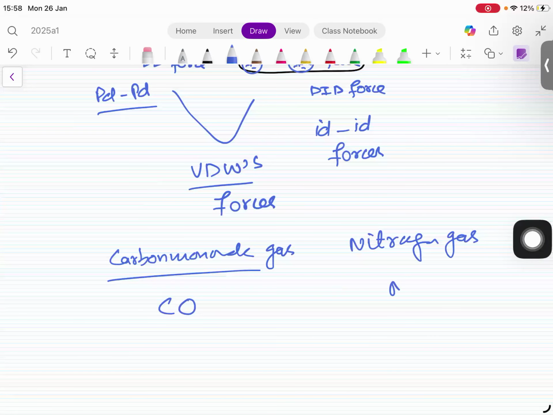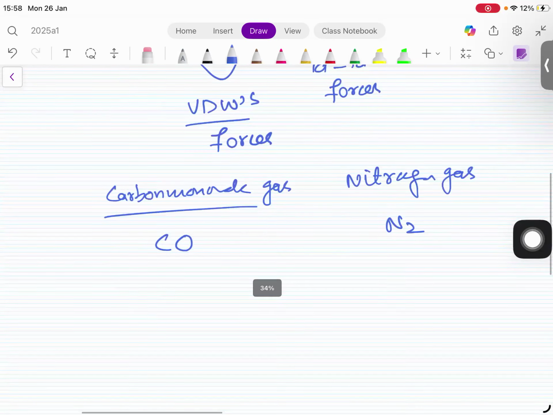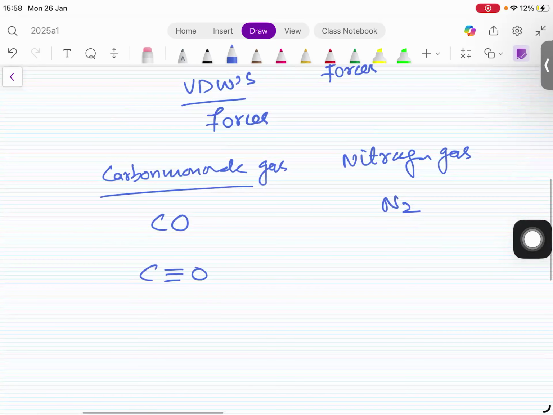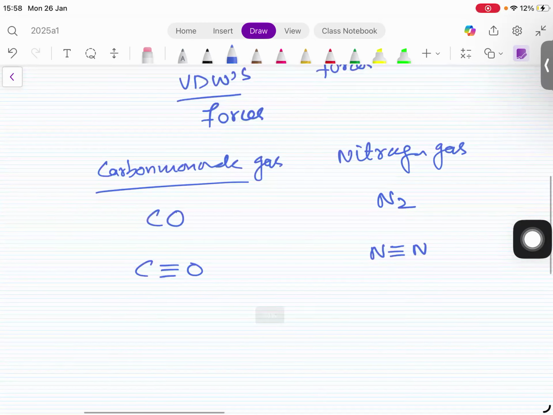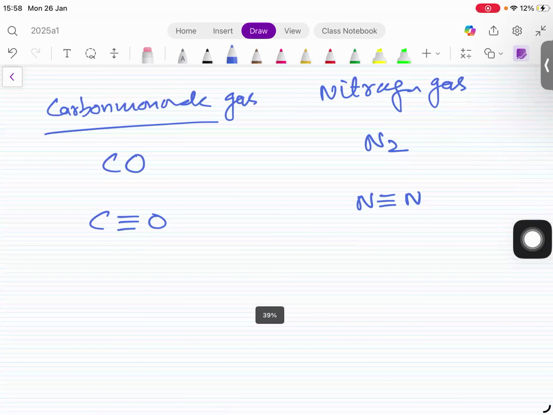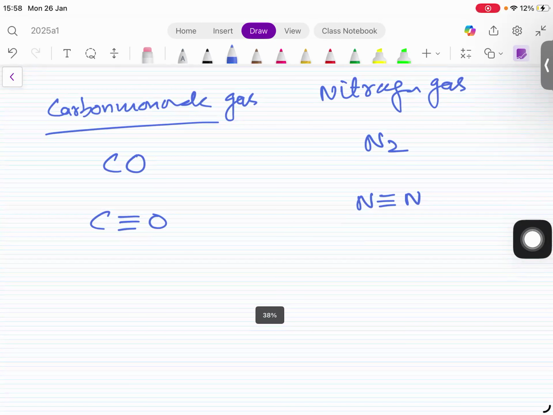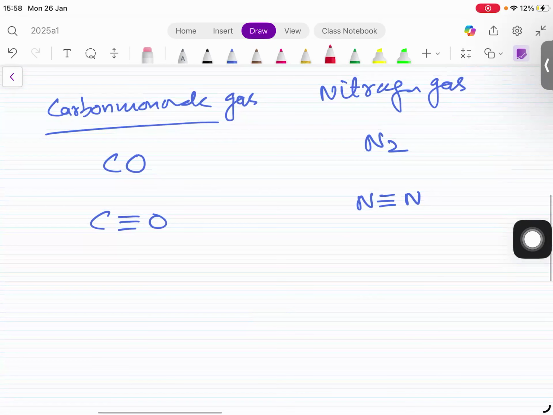What are the intermolecular forces present in the molecules of nitrogen gas and in the molecules of carbon monoxide gas? Carbon monoxide, I know, is polar. Permanent dipoles are already there. So what is the force of attraction? PD.